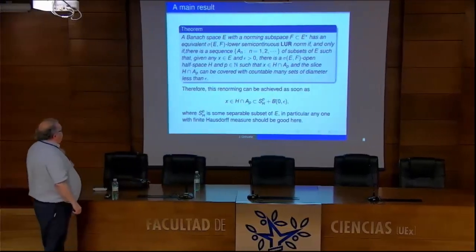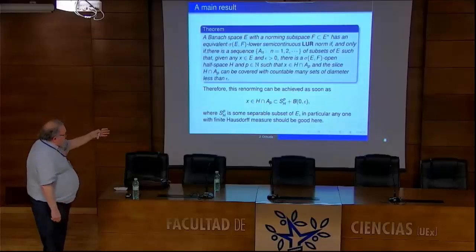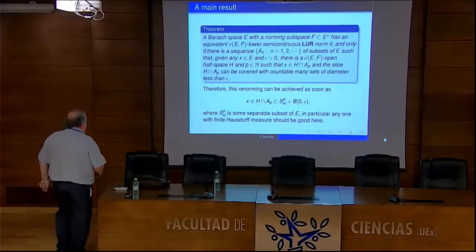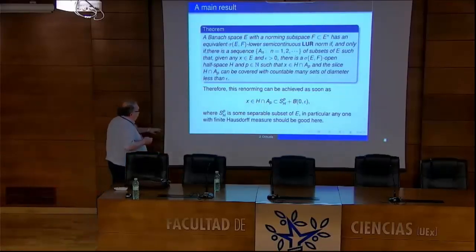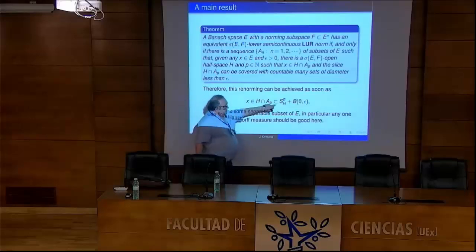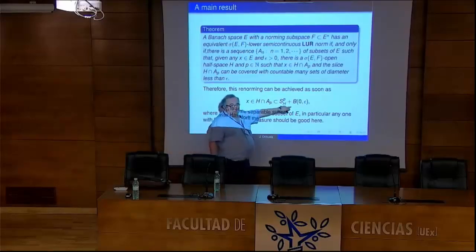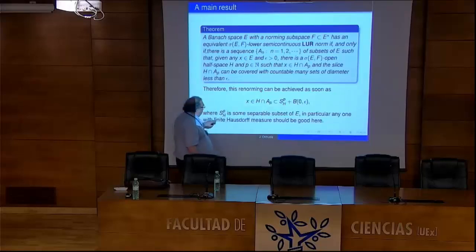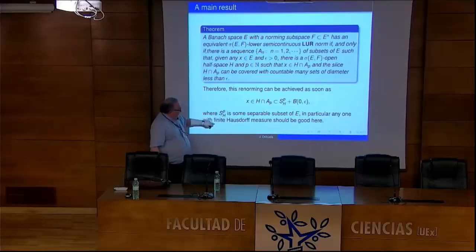This renorming can be achieved as soon as this slice is inside a ball of epsilon plus something, a separable subset, in particular a space with finite Hausdorff measure.